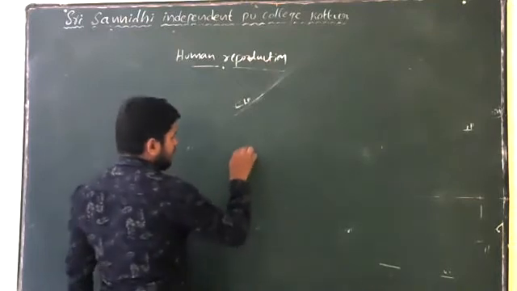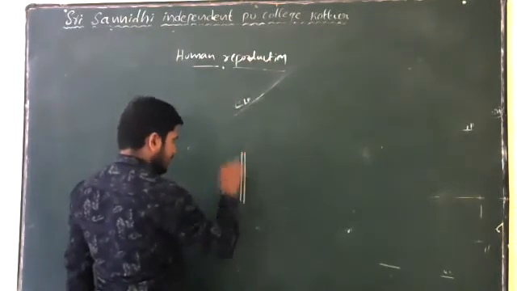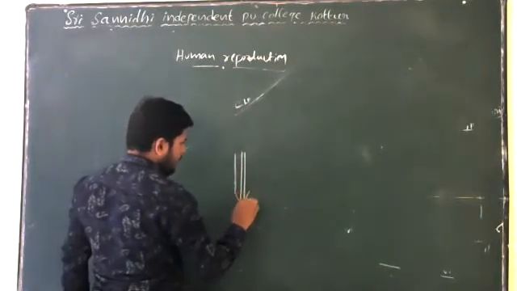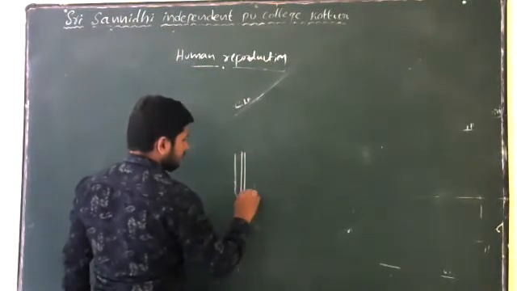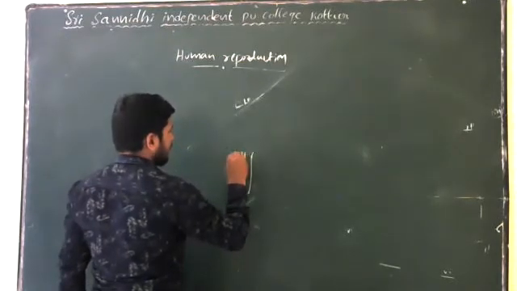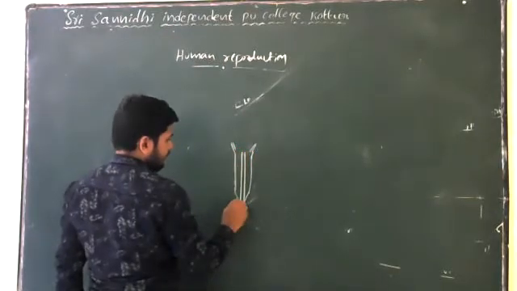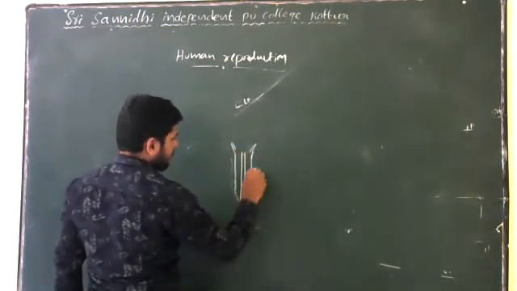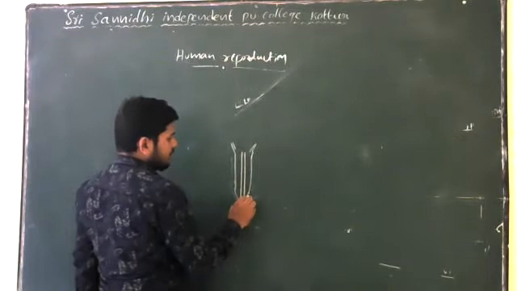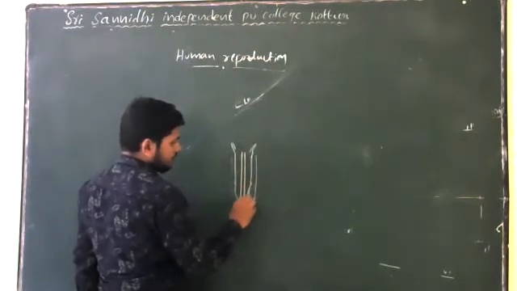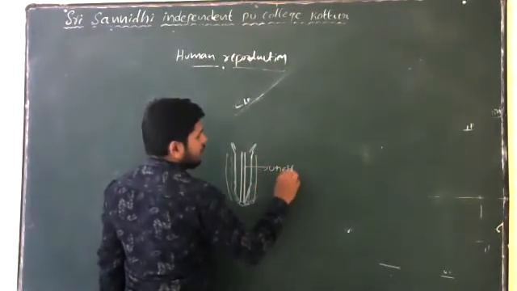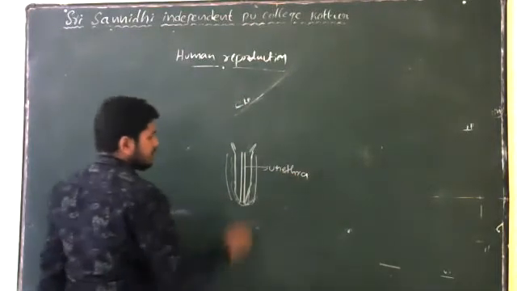So in the case of the male reproductive system, this is called the urethra. What we call the urethra.